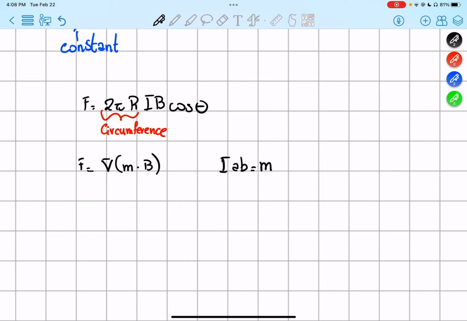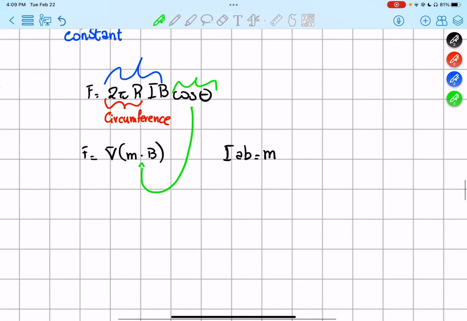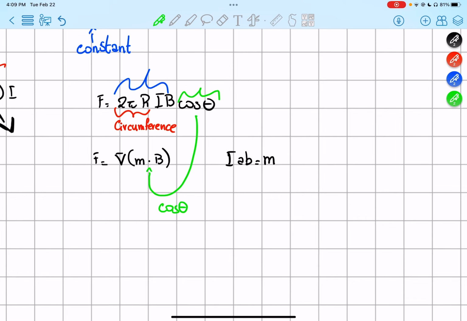This takes care of our initial part. Let me use another color so it's easier. The cosine part comes from this dot product, therefore it's going to be the cosine of the angle between the two vectors. And that is pretty much how you solve this. The problem is not too difficult.